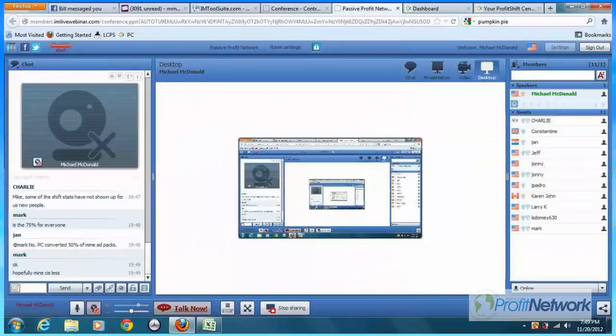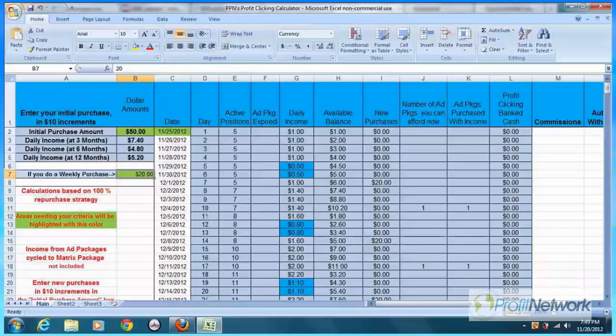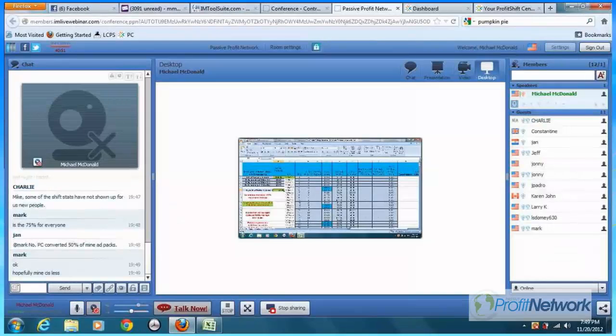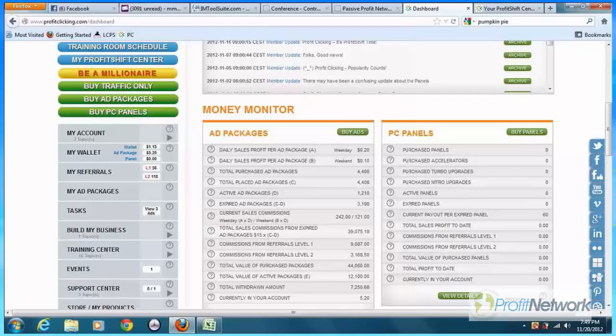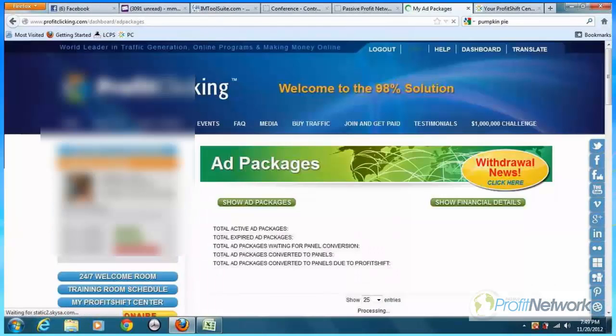So that's basically how you'll be able to tell. Another way you can tell is if you click on my ad packages, Mark, and you click on, oh man, I'm going to have a lot of blurring to do here.